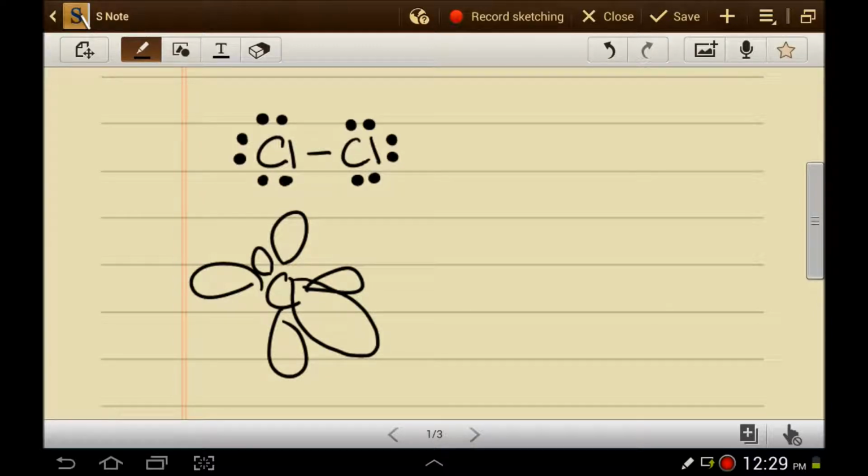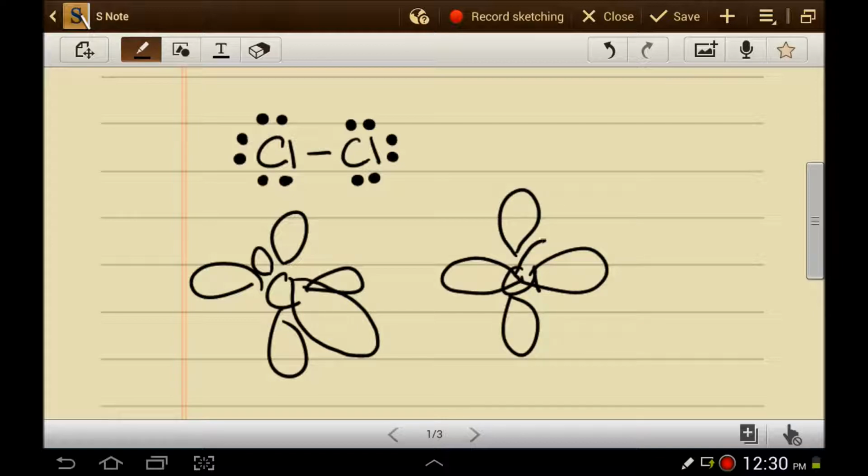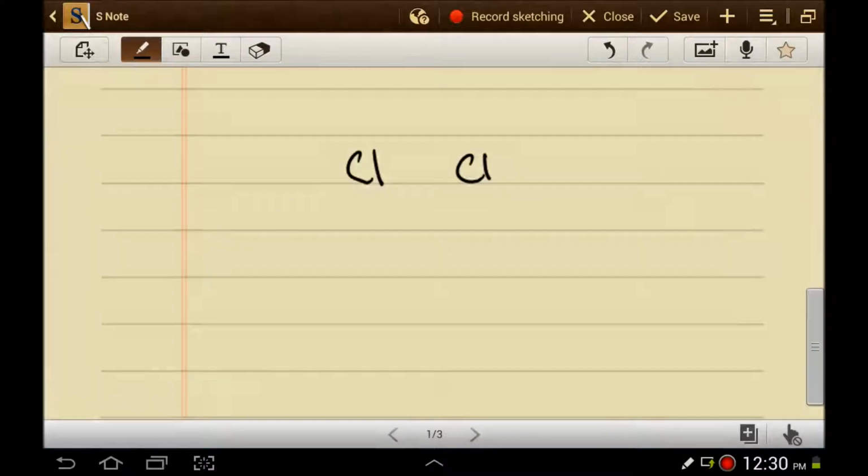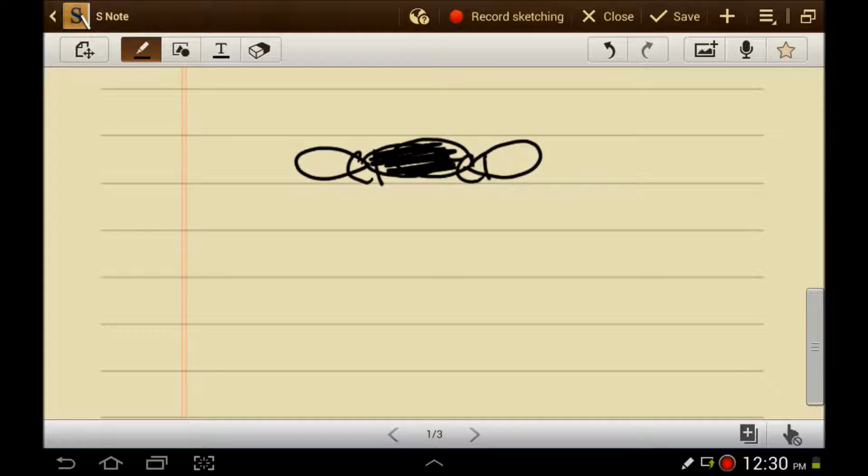The other chlorine atom also has p orbitals coming out at all angles. And when these p orbitals get close enough to overlap, they create the sigma bond. So the two chlorine atoms have p orbitals in their valence shell that overlap, creating a sigma bond. It's a direct overlap of two orbitals.